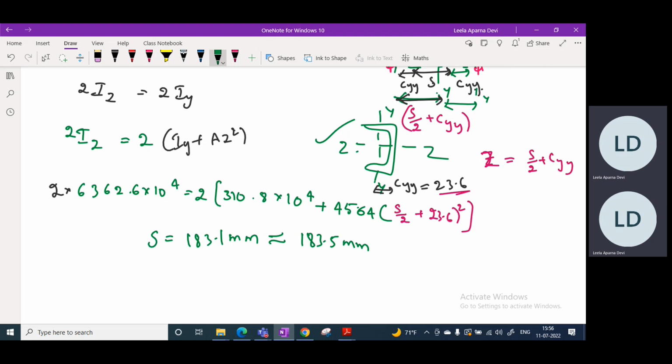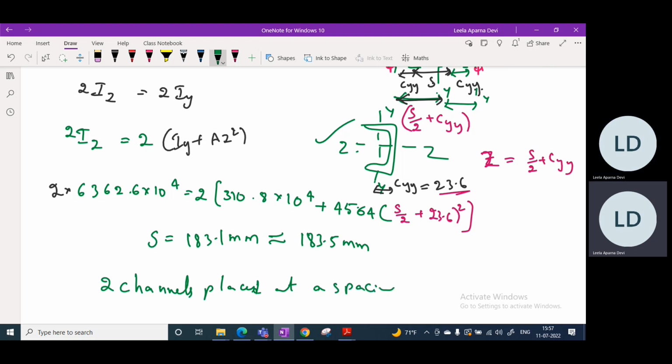Okay. So the two channels are placed at a spacing of 183.5 mm.